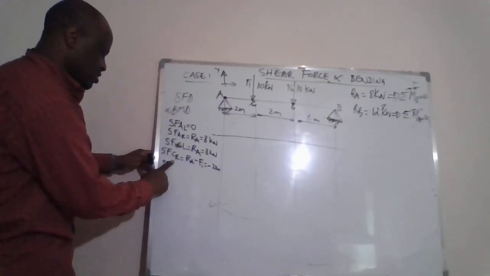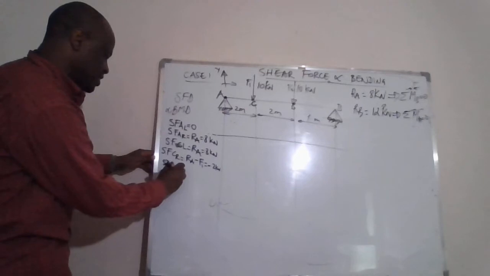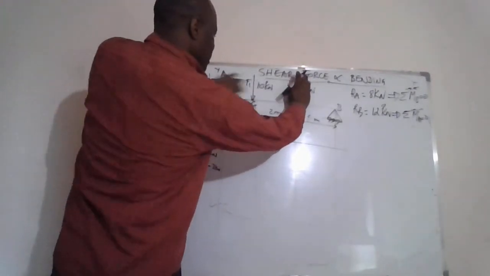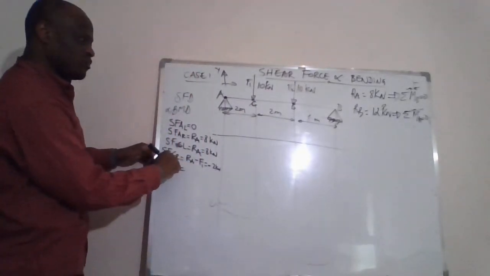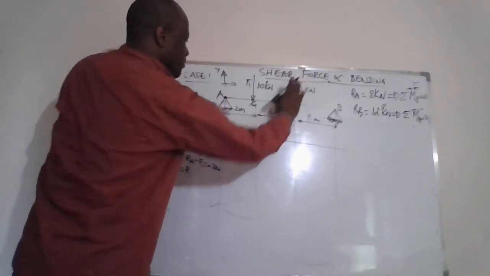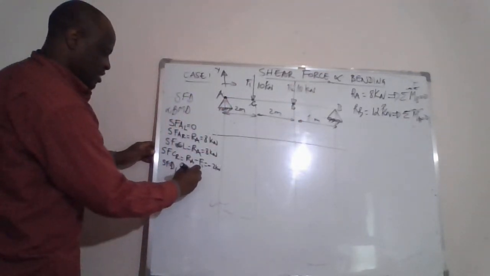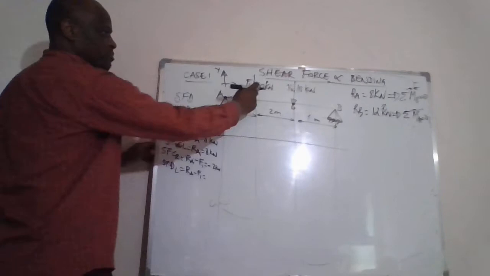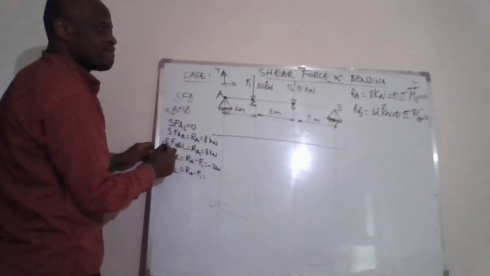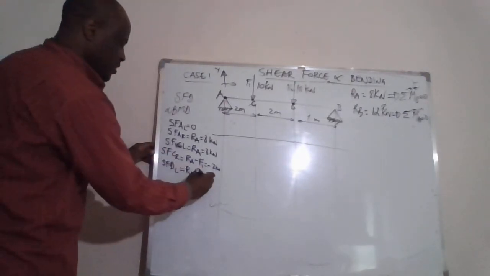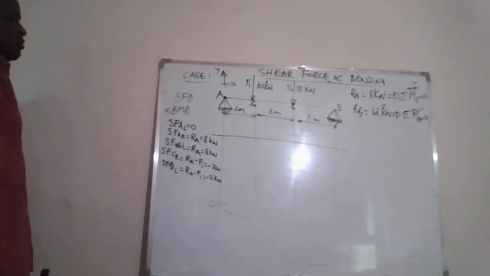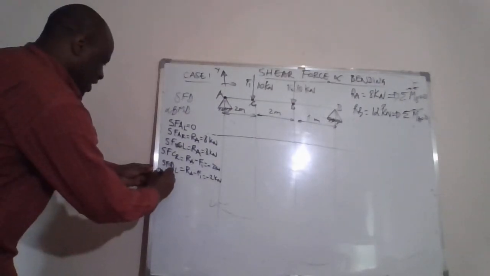Now it's D. D left. You see that the D is here, the left will be the same as the right of C, which is RA minus F1. F1 being 10, RA being 8, this will be minus 2. D right.